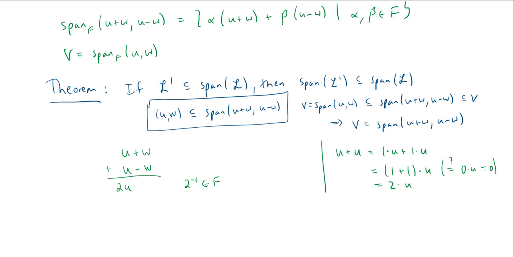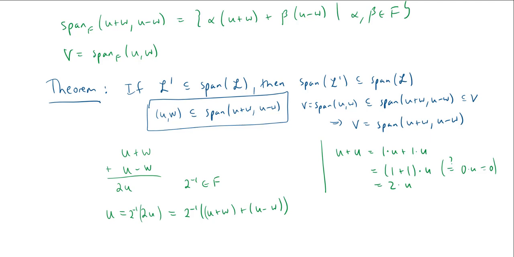And so this means that I'm actually going to be able to write u. How? Well, I'm going to take 2u and multiply it by 2 inverse. But 2u is what I got when I add these vectors together. So this is (u plus w) plus (u minus w).